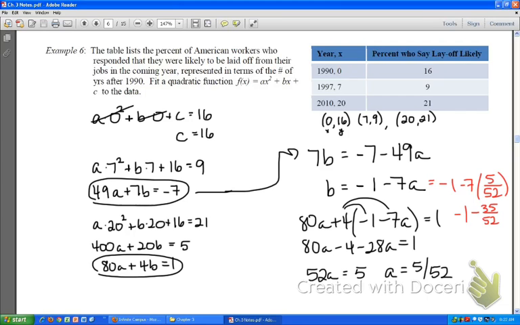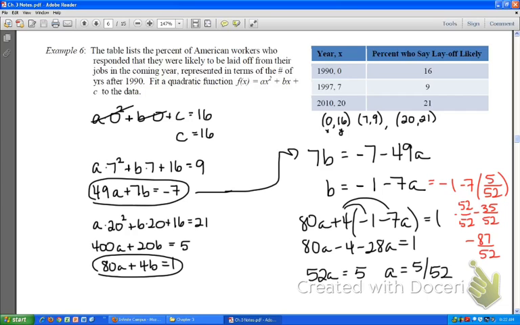But I would like that to be one big number. So how could I rewrite 1 in terms of 52? I can write 52 over 52 for 1, right? So what's negative 52 minus 35? Yep, negative 87 over 52 is B.